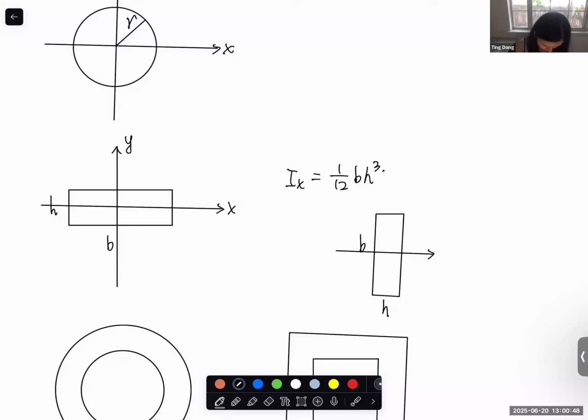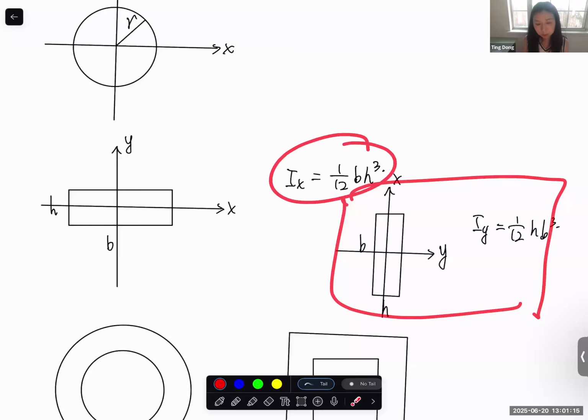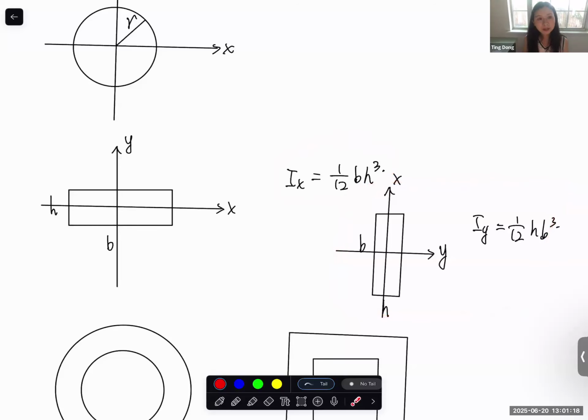Let's say this is the y-axis and this is the x-axis. You're bending about the y-axis, so I_y should be hb cubed. Right, this is the same thing. I'm just giving you this so you need to be careful when you use it. The subscript x is the axis that you are bending about. Yes, bending about the y-axis now.